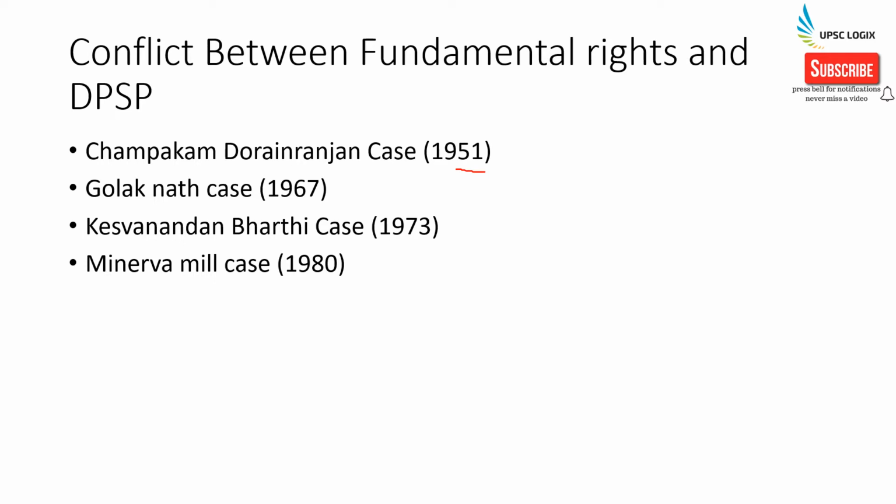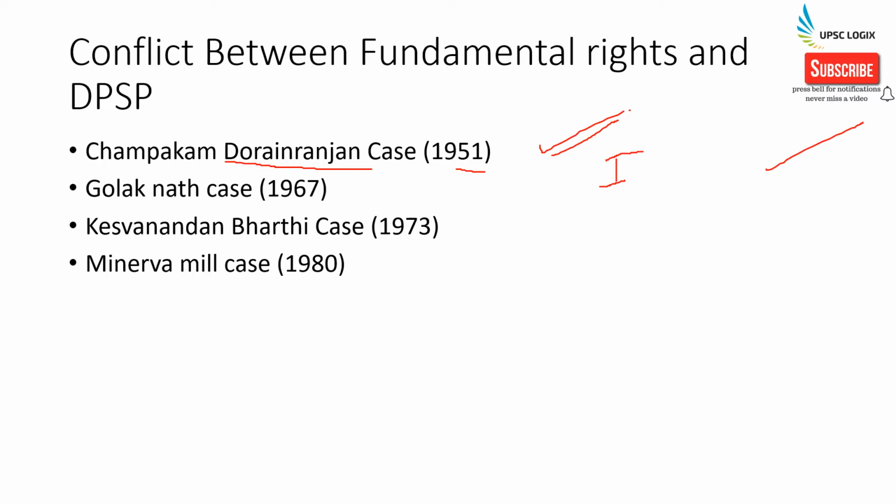But it also said that fundamental rights could be amended by the Parliament by enacting Constitutional Amendment Acts. And the Parliament took this and made amendments to the Constitution in the form of the First Amendment Act, then the Fourth Amendment Act of 1955, and the 17th Amendment Act of 1964 to implement some of the directives.